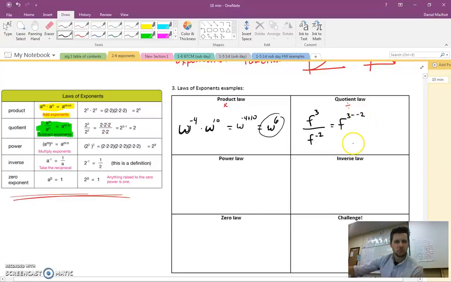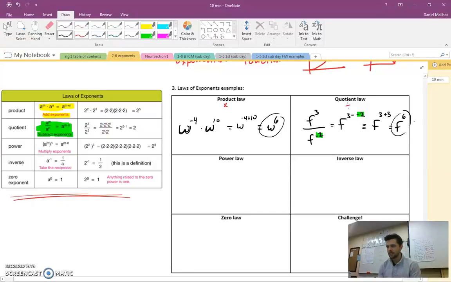Now, two negative signs? Yeah. 3 minus the stuff on the bottom. That negative 2 is what was on the bottom, and we're subtracting it. Now, some of you already are probably saying, because I know you like to say it, those two negative signs turn into addition, right? Minus a negative is addition. So f to the 6th would be the most simplified answer.